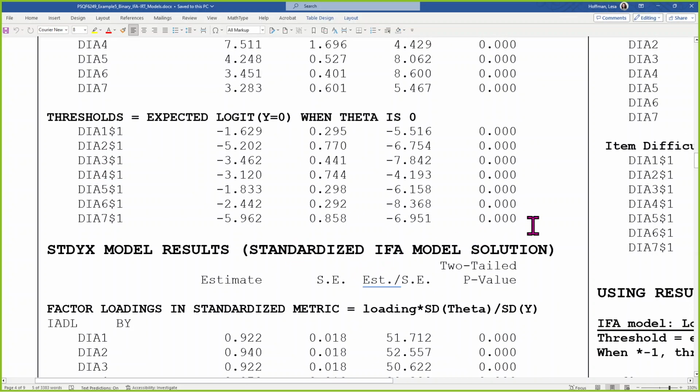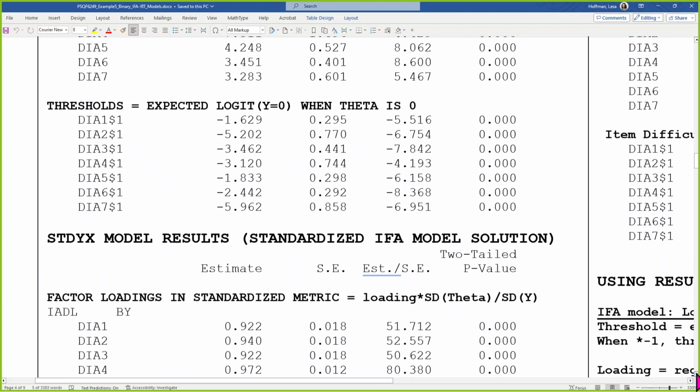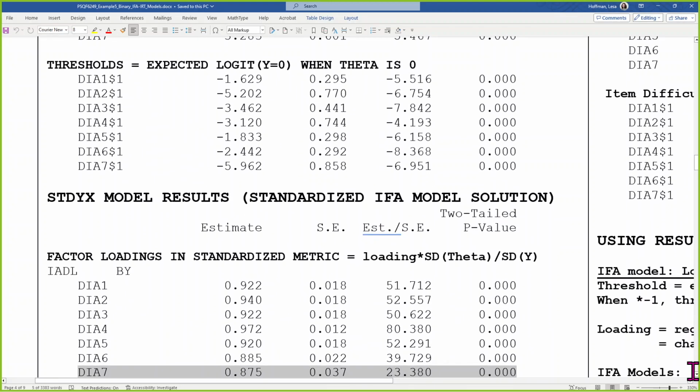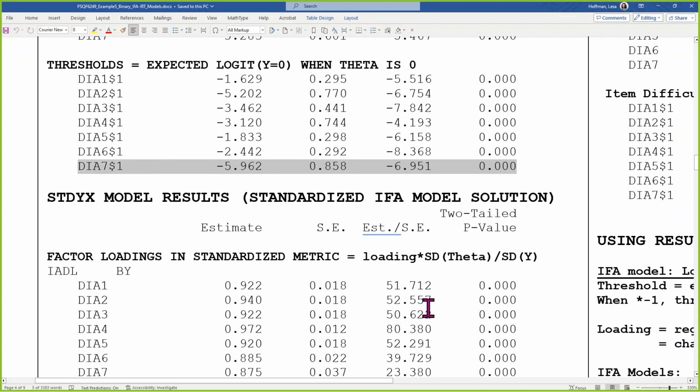All right, thresholds. Who's feeling extra brave? How about the threshold for item 7, since that's what we were just talking about? It's -6 approximately. Okay, you're feeling brave, go for it.